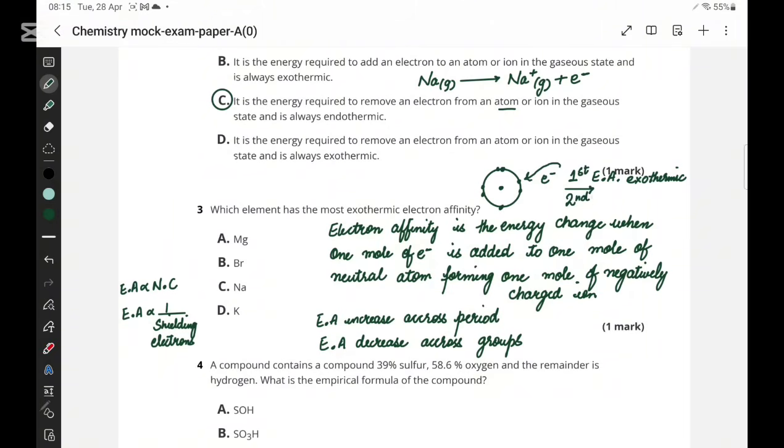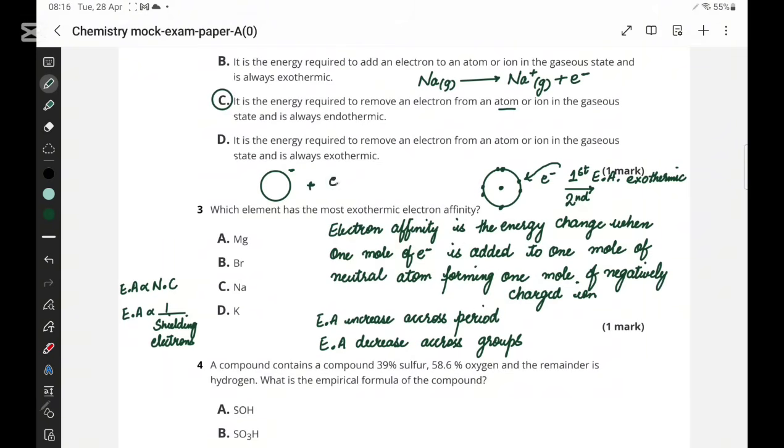Why endothermic? Because a force of attraction has already been developed, and it would be an ion. First of all, that would be an ion. So the electron is also having a negative charge. Like for the second electron affinity, you can see it is going to have a negative charge.